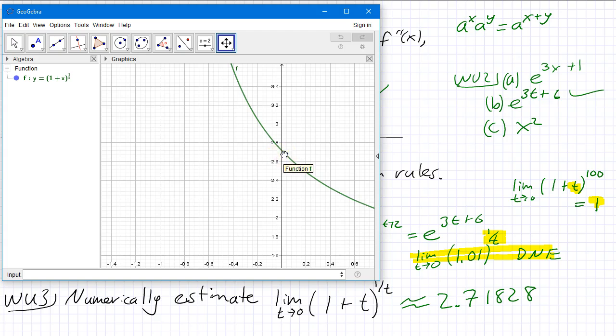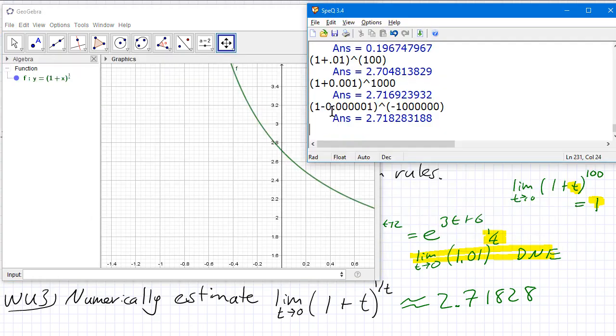And then to get a little bit more precise, there's ways you could do it with a graphing calculator using the graph, or I'm just going to take a calculator and plug in some small values of t. So if t is 0.01, then the 1 over t becomes 1 over 0.01, which is 100. So you get about 2.7 there.